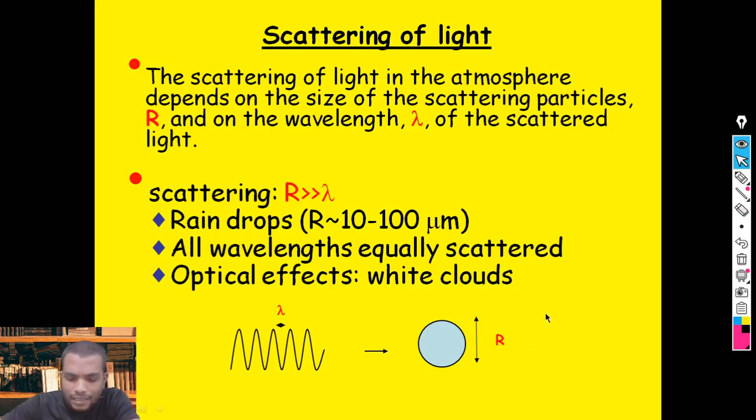Let us come to the main concept in scattering. The scattering of light in the atmosphere depends upon the size of the scattering particle. As we saw in the Tyndall effect, if milk particles are added to water, the milk particles contain proteins and fat, so automatically their size is bigger.